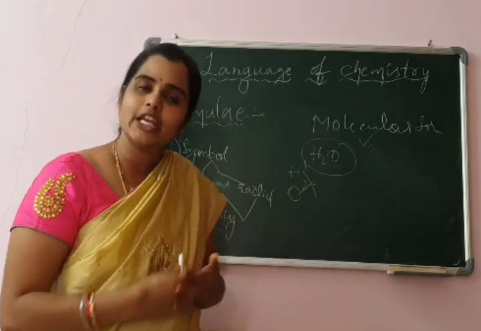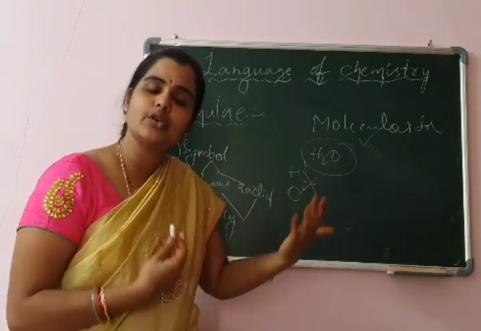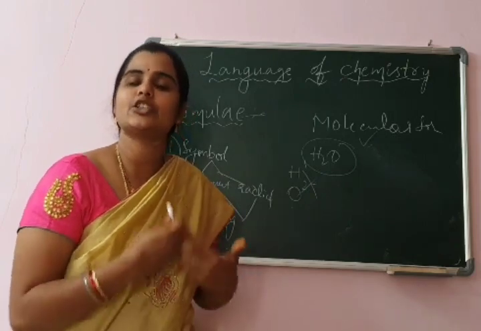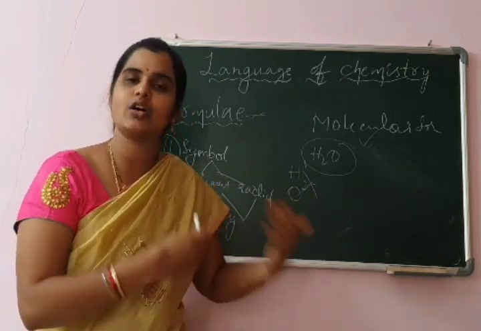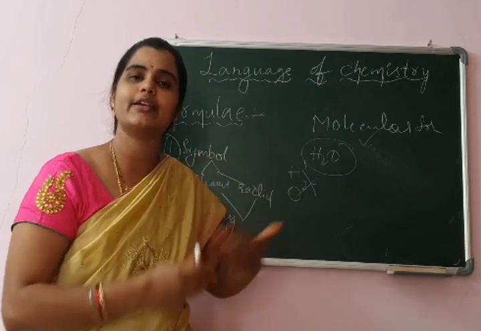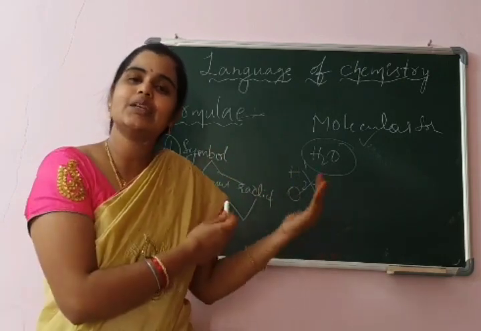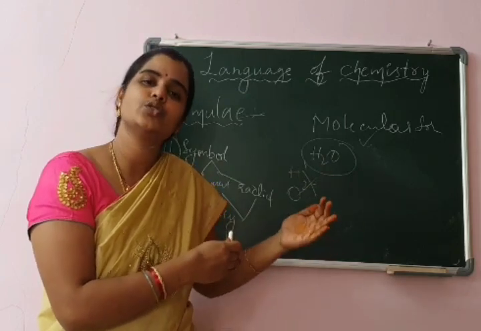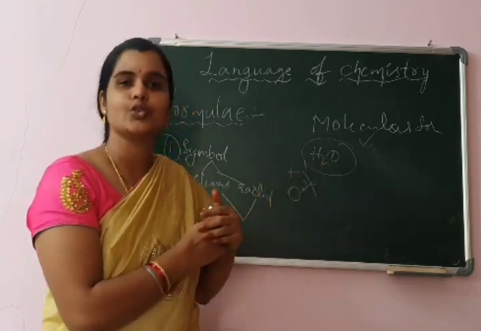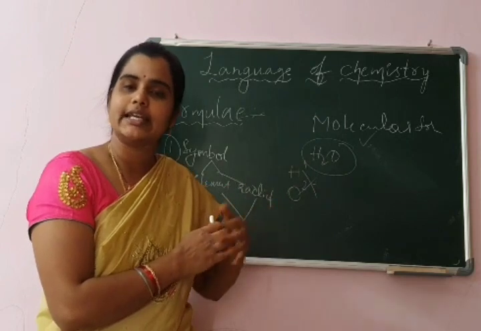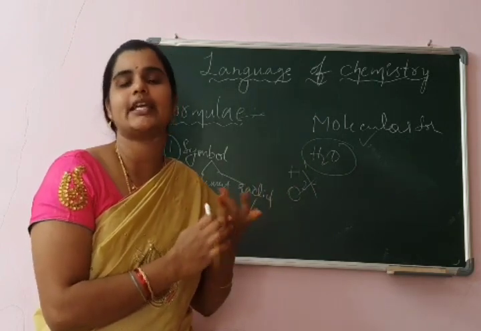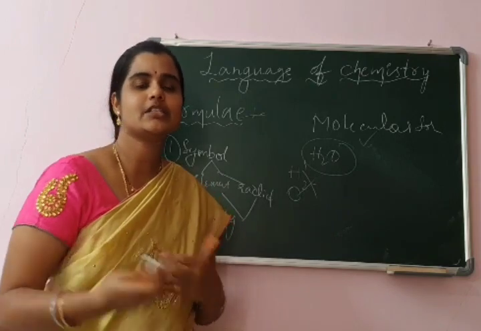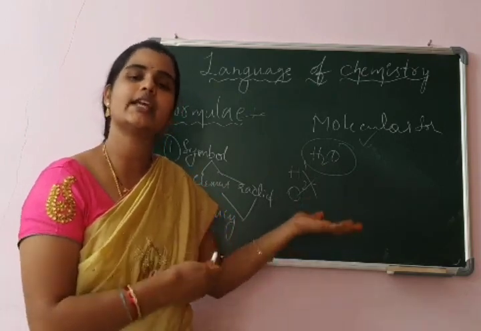If you take any molecule, O2, H2, N2, instead of writing oxygen molecule, nitrogen molecule, hydrogen molecule, you can represent it by its symbol: O2, N2, H2, F2, H2O, SO2, SO3, like that. Just as instead of writing Nandamuri Tarak Ramarao, we write NTR.